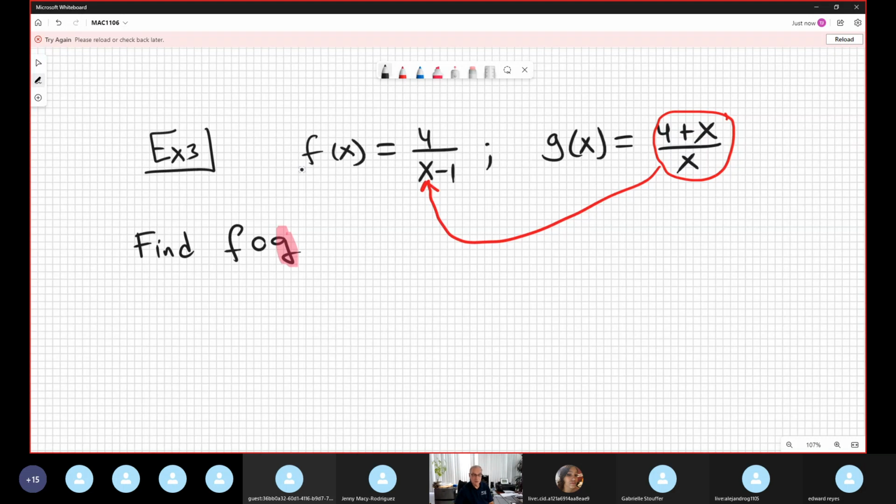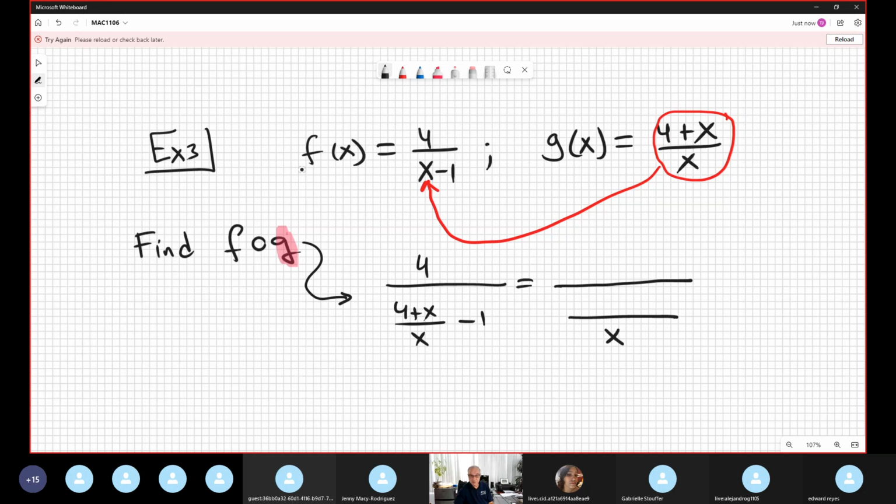Now the expression for the composition is equal to 4 over 4 plus x over x minus 1. Do you see that? Okay, what should I do? Well, the LCD is x.